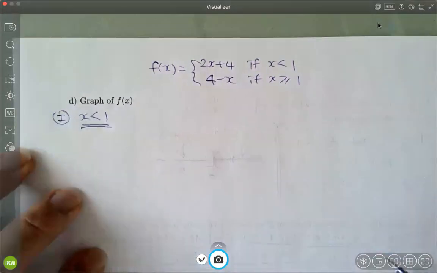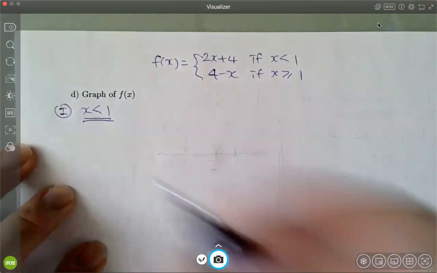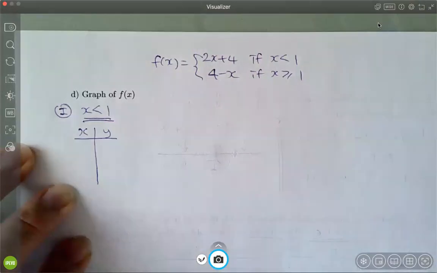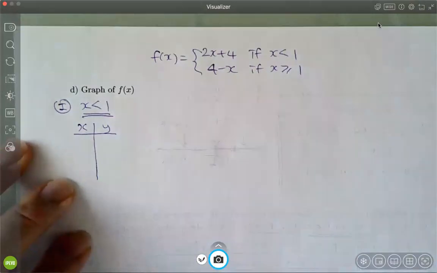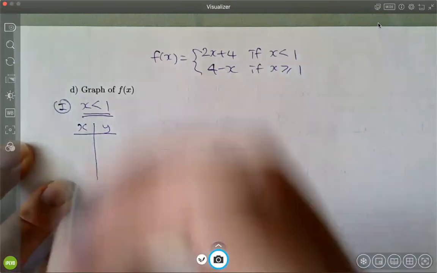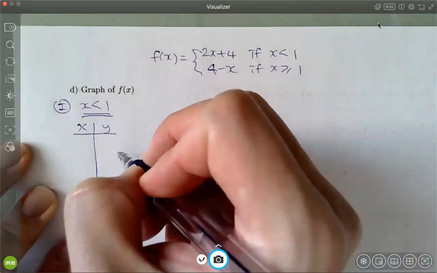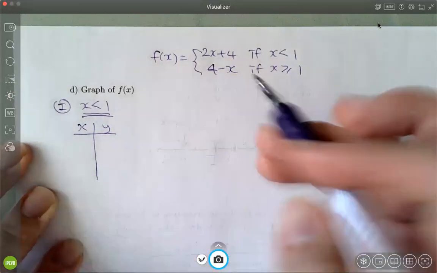Okay, so now, what do you want to choose for the x values? What are some x values that we can choose? 0. Okay, and then 1. Okay, and then 2. Well, 2 is not less than 1.